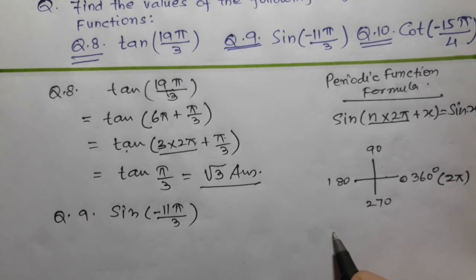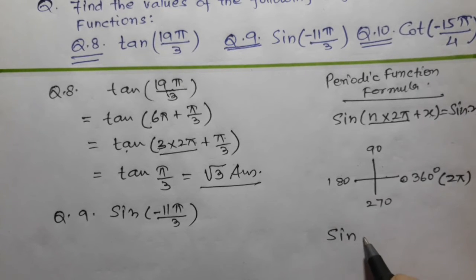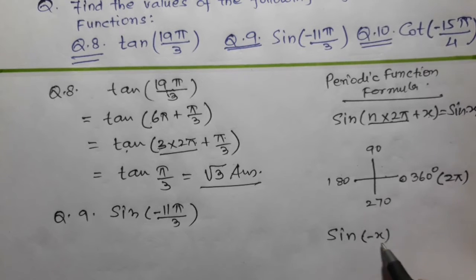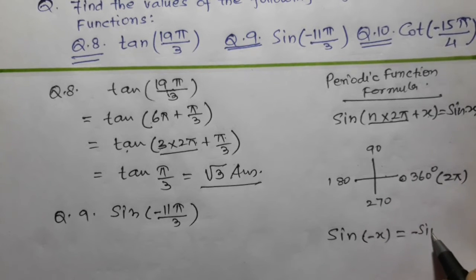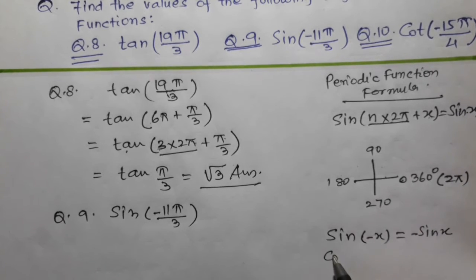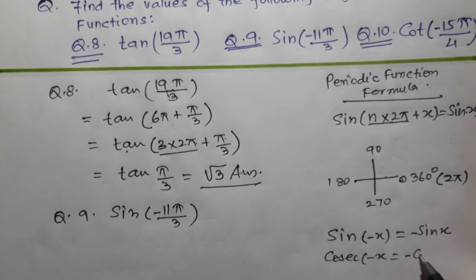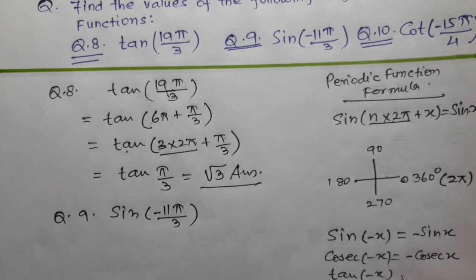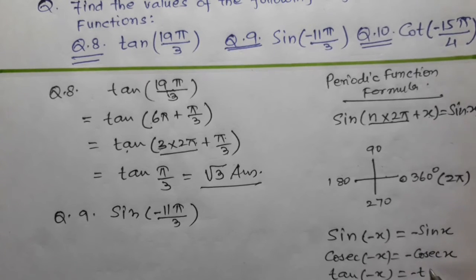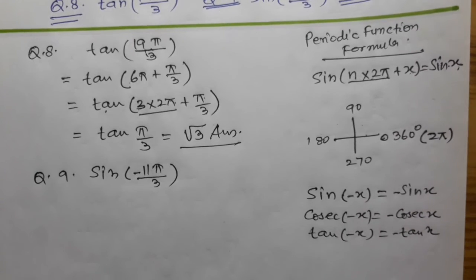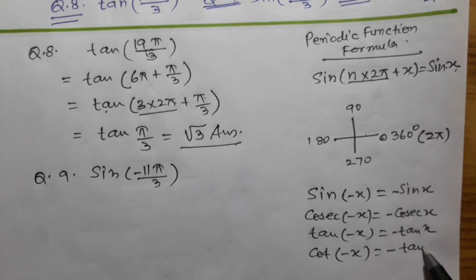We know that sine of minus x is equal to minus sine x, cosec of minus x is equal to minus cosec x, tan of minus x will be equal to minus tan x, cot of minus x will be minus cot x.